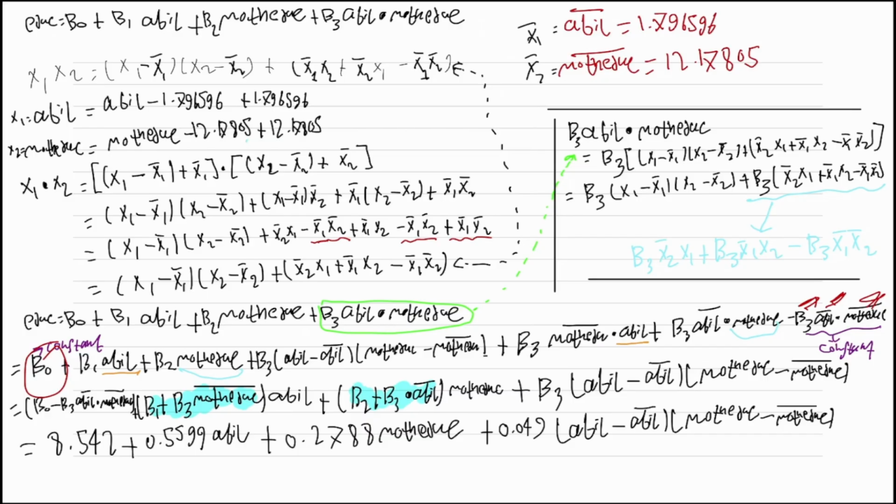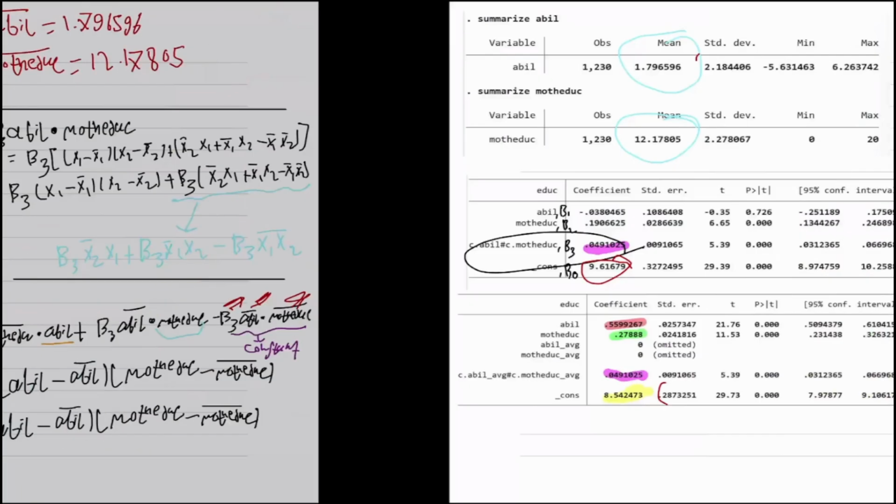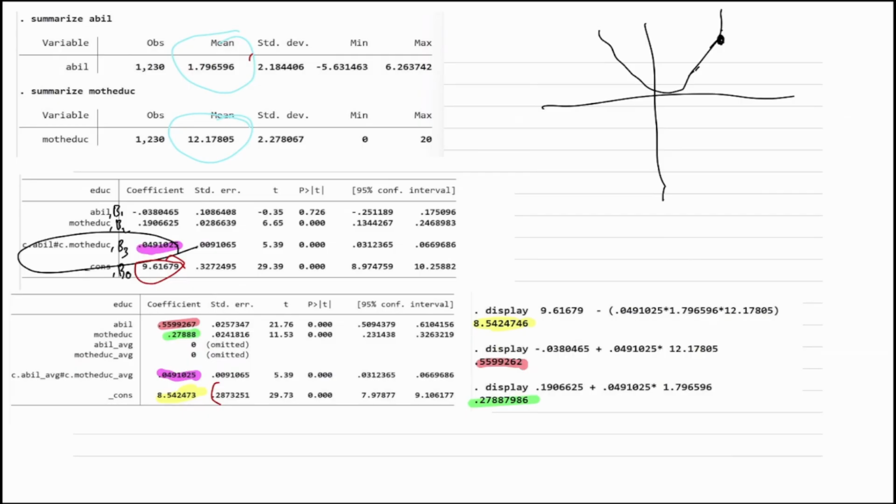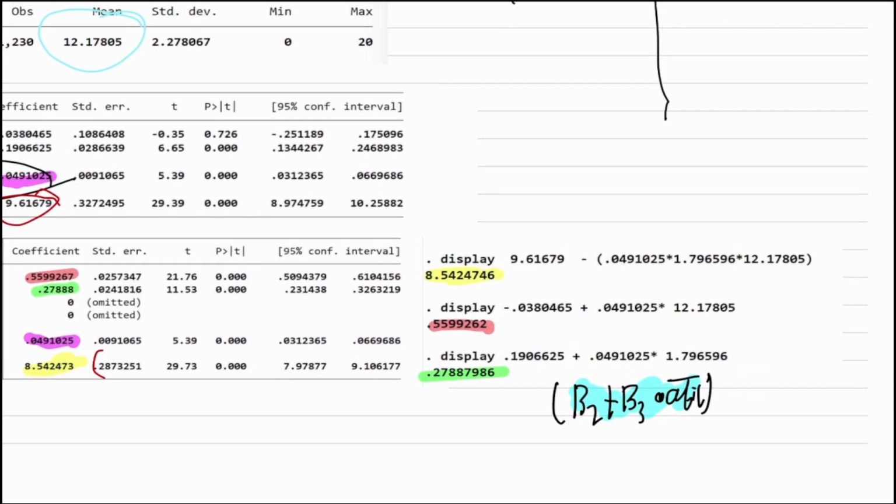I just do this one. Take this one. This is mother education. So I took this one. So this is for the coefficients of mother education. So this is beta 2.